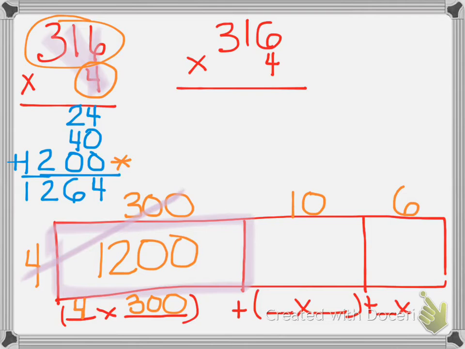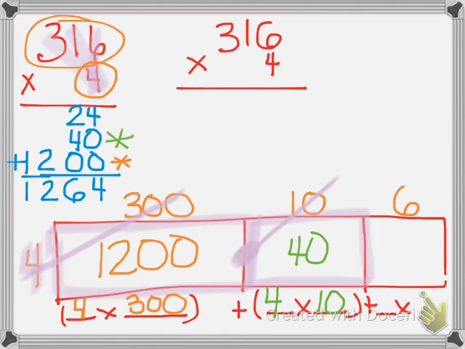All right, let's multiply the tens rectangle. You know we have to multiply length times width, and this length is the same as over here, so it's 4. So this is a 4 by 10 rectangle. 4 times 10 is 40. And we can see right up here in our partial products, we got the same answer.